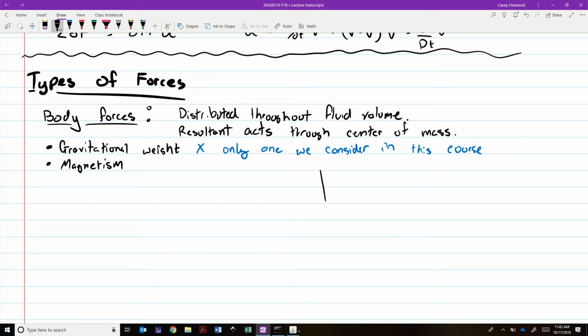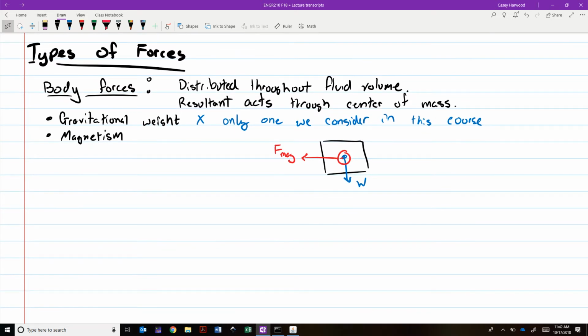So as a little schematic here, if we consider our fluid, the weight of that fluid acts at the center of gravity. If there were some magnetic field, maybe it'd be pulling in this direction. But in both cases, we put it at the center of mass.